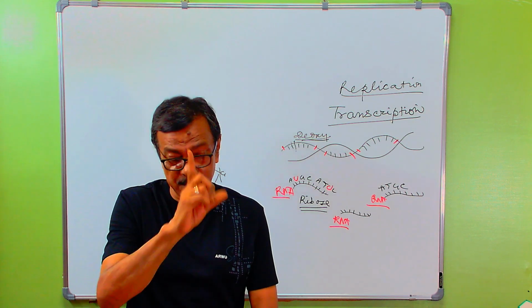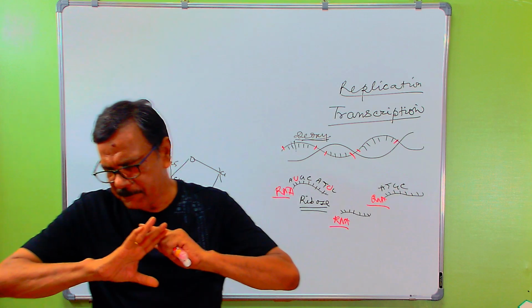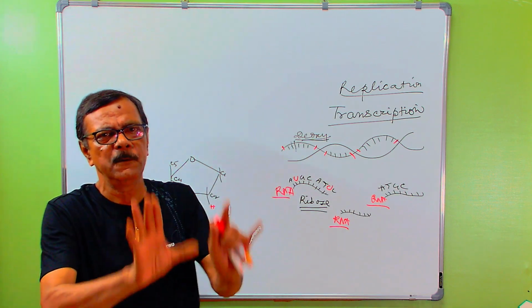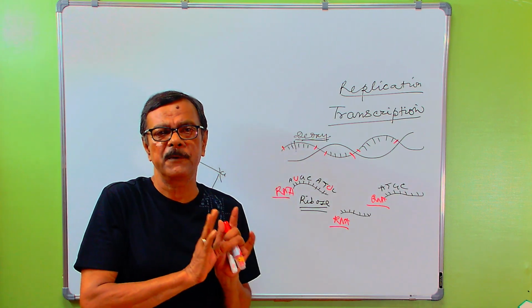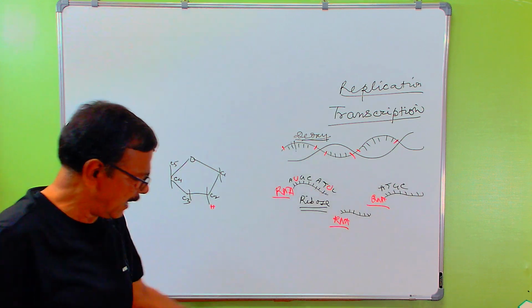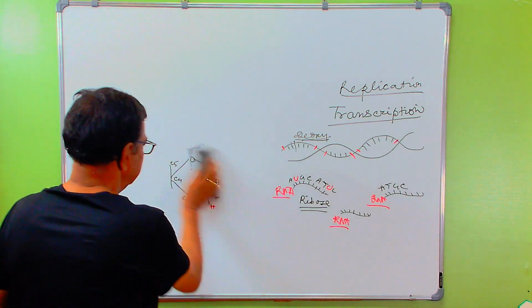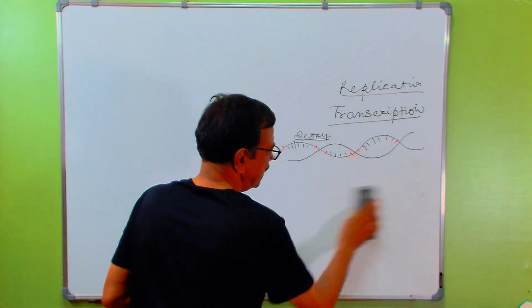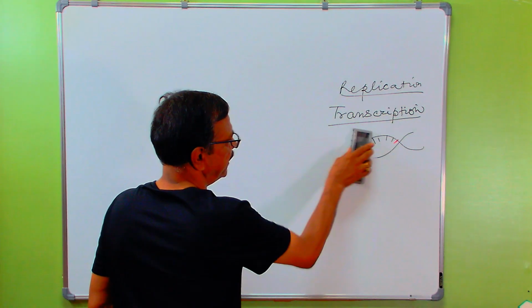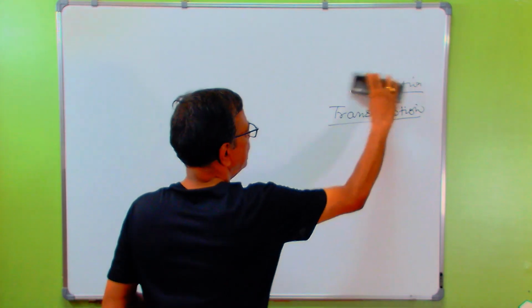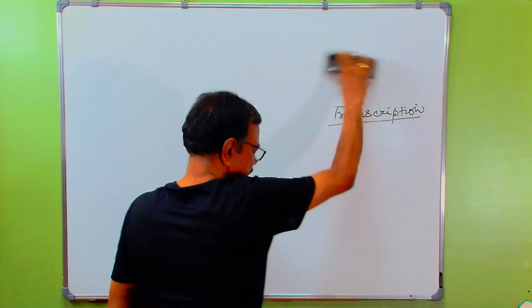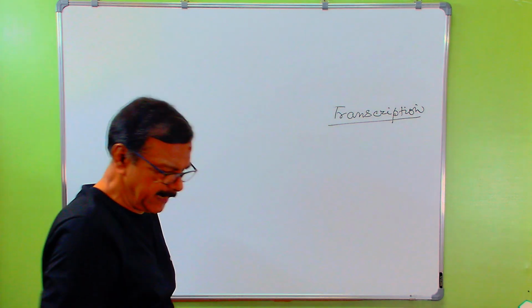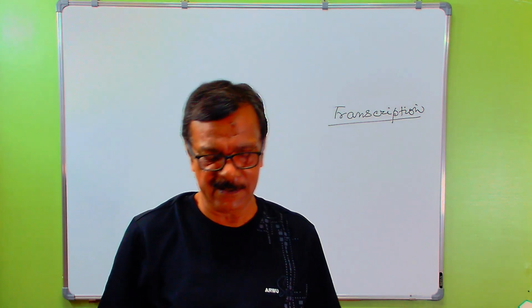This is known as protein synthesis. Forget about transcription, we are ready to produce protein. How? Now we will come into the transcription part. But before going into it, we have come across that it is known as protein synthesis.